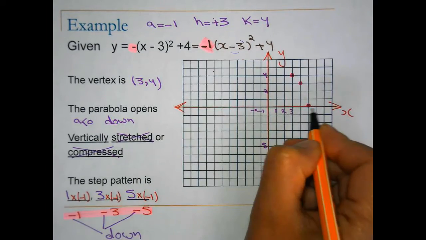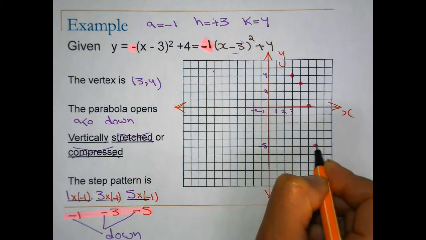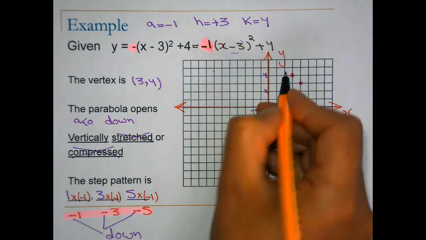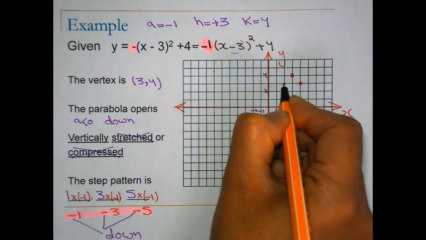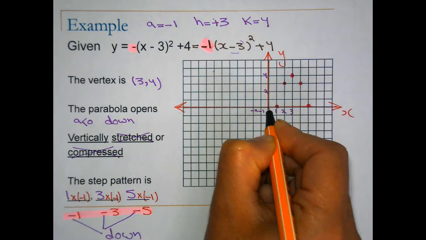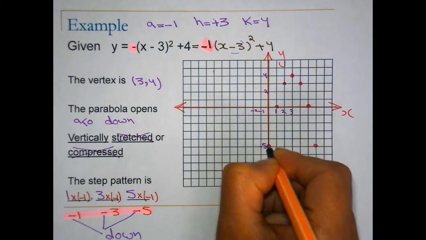And then 1 across, 1, 2, 3, 4, 5, 5 down. And then we do the same thing from the other side. 1 across, 1 down, 1 across, 3 down, and 1 across, 1, 2, 3, 4, 5 down.